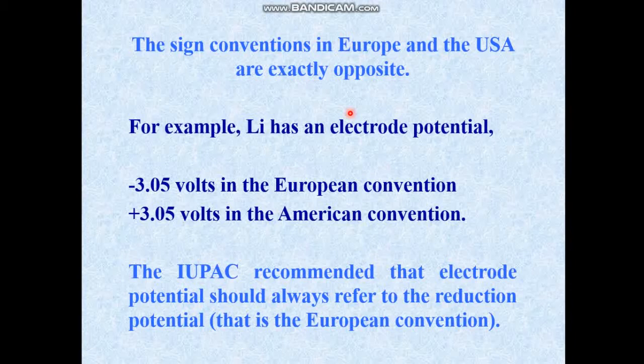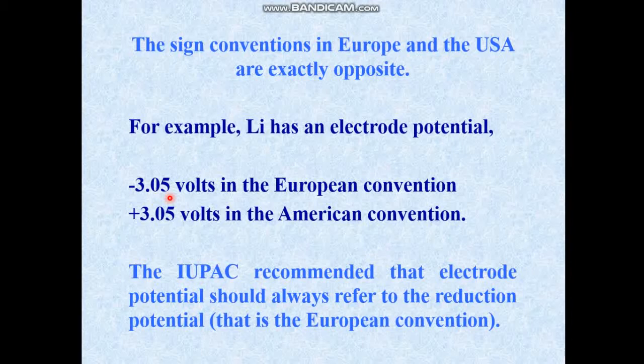In the European convention, the reduction potential is written as negative. Reduction potential means the tendency to lose an electron, such as lithium metal. Lithium metal has the highest tendency to lose an electron. So that is why lithium is one of the metals which have the highest reduction potential.